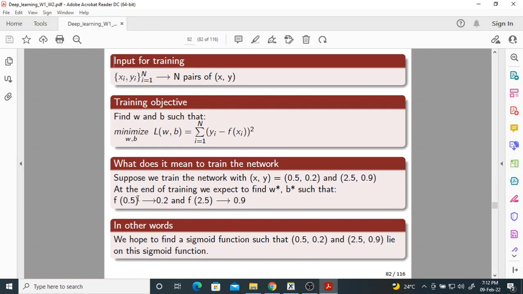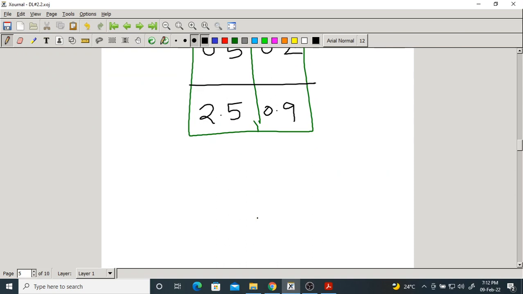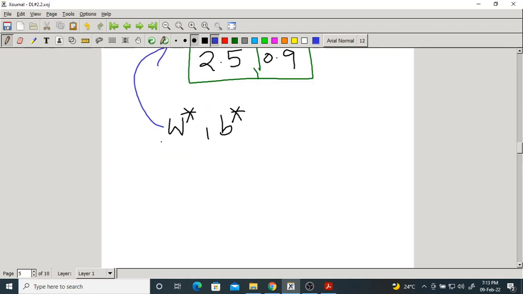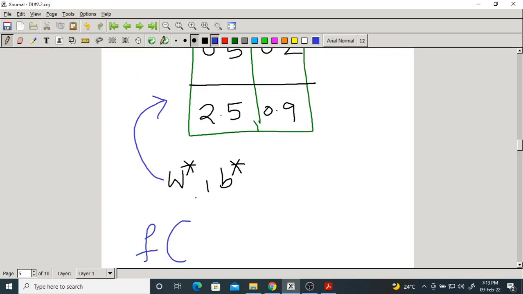Now, at the end of the training, we expect to find W star, B star. After training, we have to learn the weights from the given data, so that when you substitute 0.5 in the sigmoid function, it should lead to approximately 0.2.